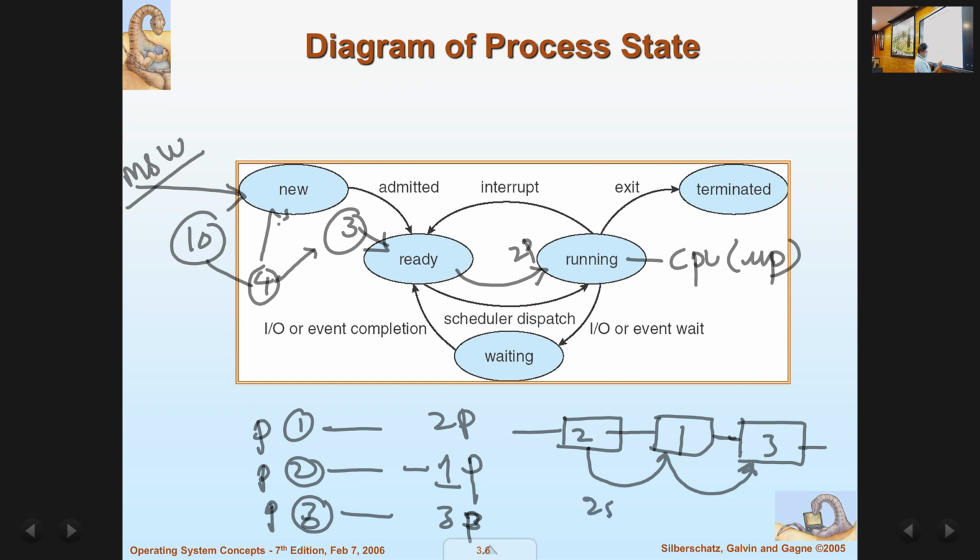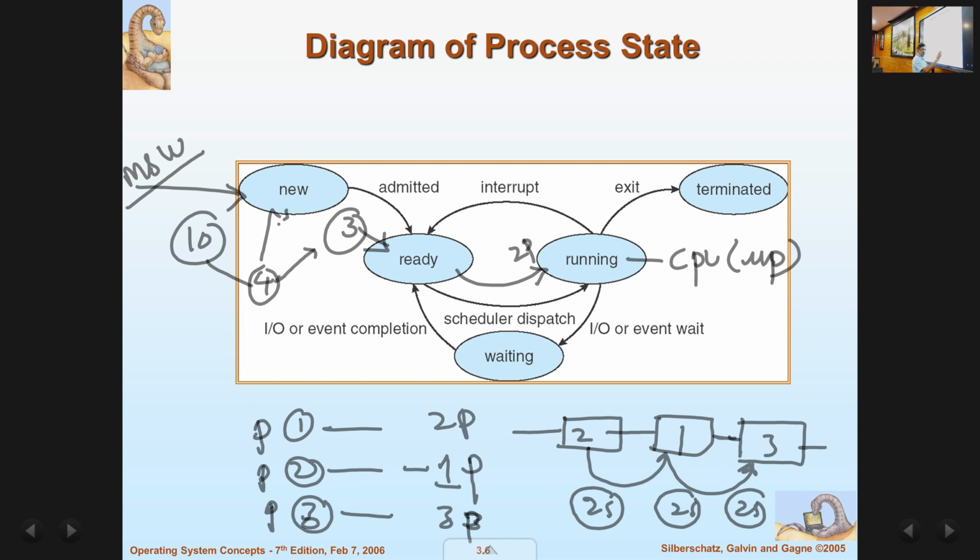Let me give 2 seconds to each task. So there is a quantum of 2 seconds given to every task. When this process is executing, if it completes its execution within the stipulated time, it is nice. Process 1 will come in and then process 3 will come.